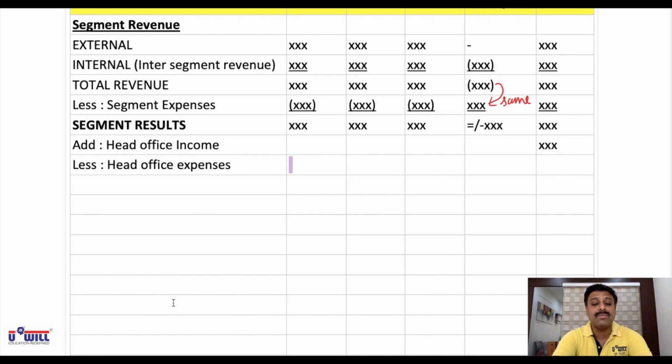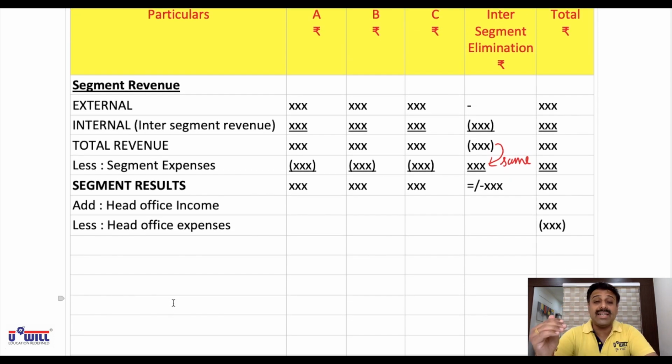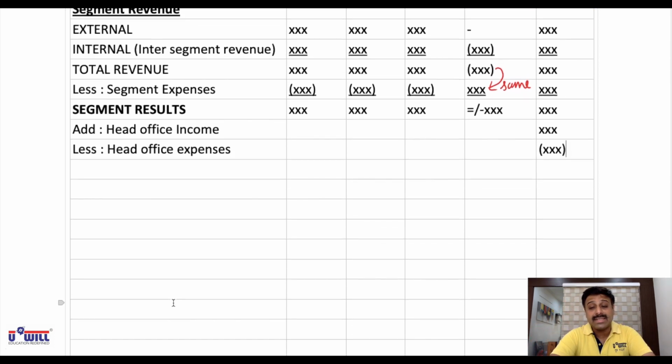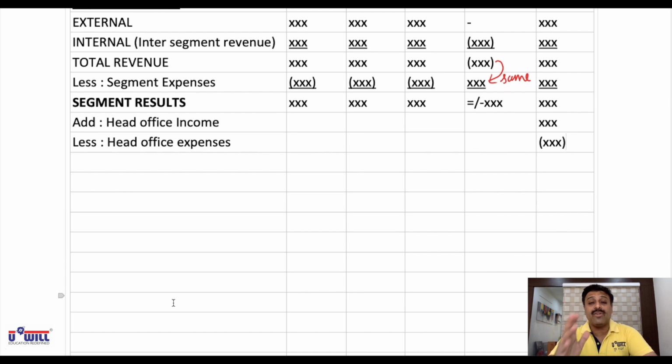These are head office incomes and expenses that are either incurred standalone for the head office, or incurred for head office rendering services to all the segments A, B, and C. So they are incurred jointly for A, B, and C, and you cannot allocate that income or expense to A, B, or C. It's just the total amount information that is available. In that situation, we show it separately. And then we will get profits before interest and tax.